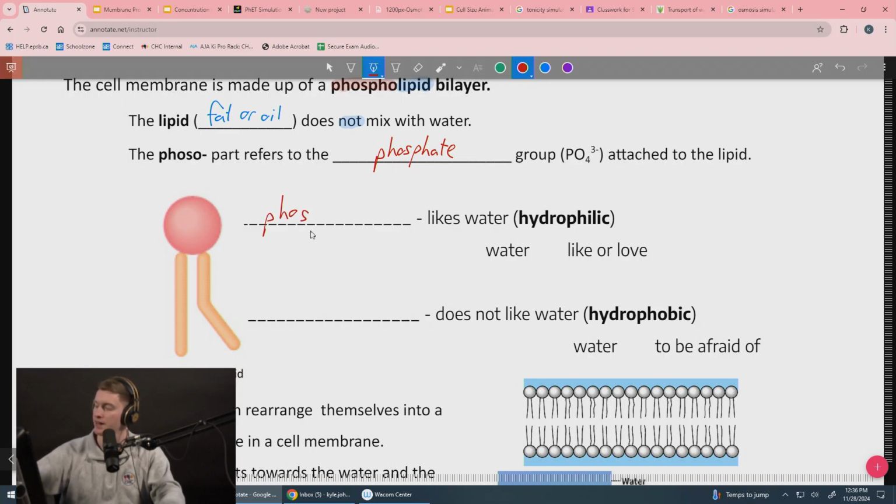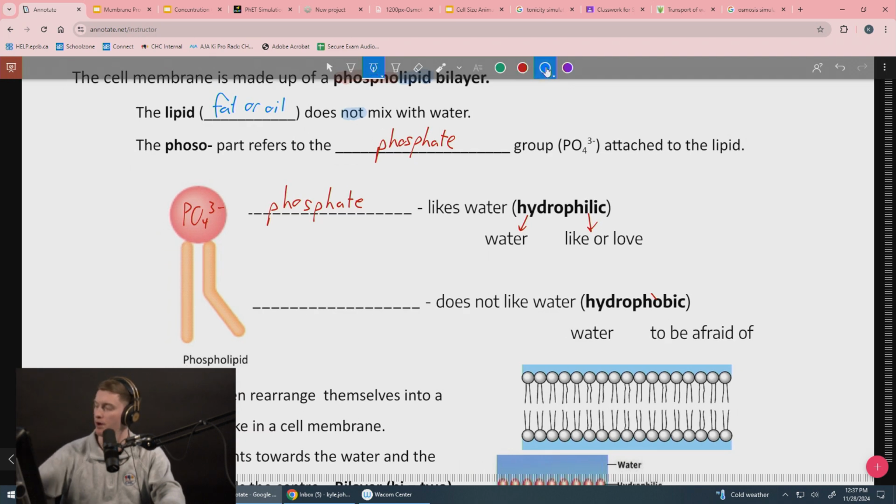So here's a little diagram of our phospholipid. Here's our phosphate. I'm just going to write on it PO43-. And this part likes water. We say that it's hydrophilic. Hydro meaning water, and philic meaning to love.